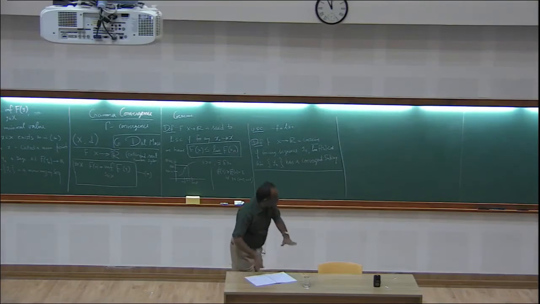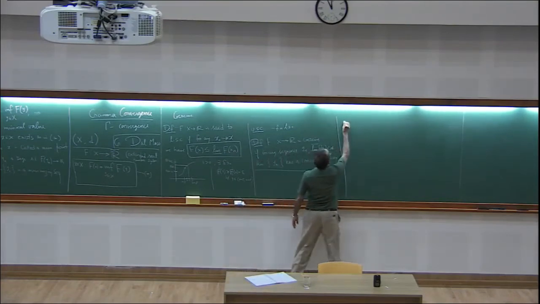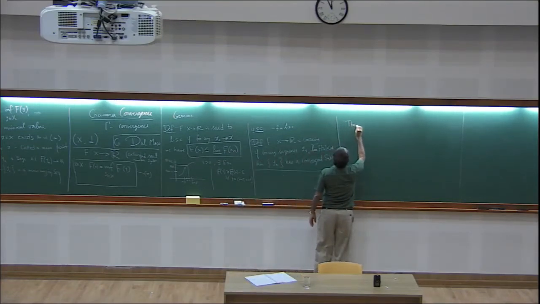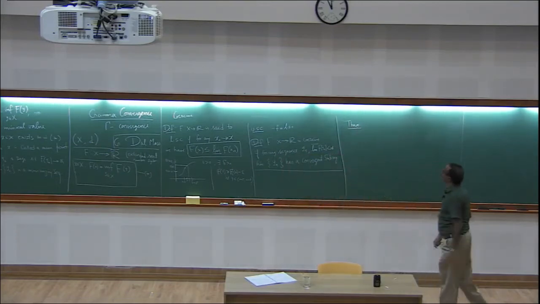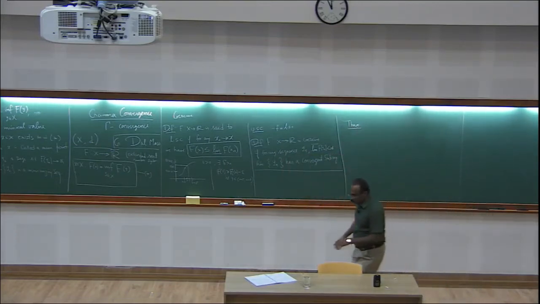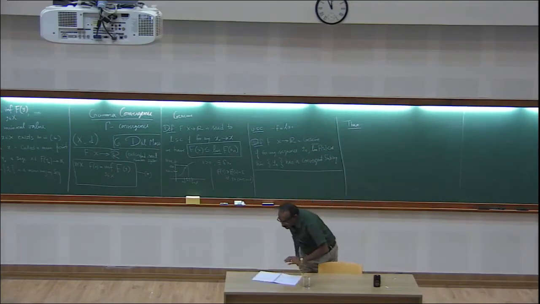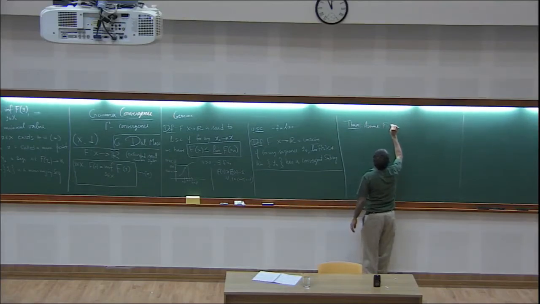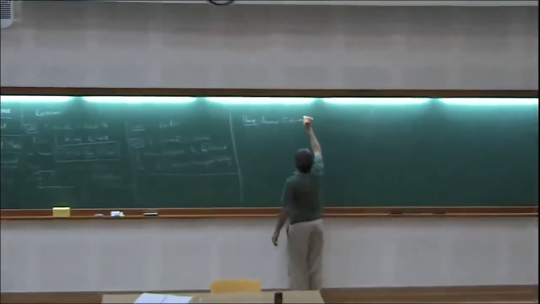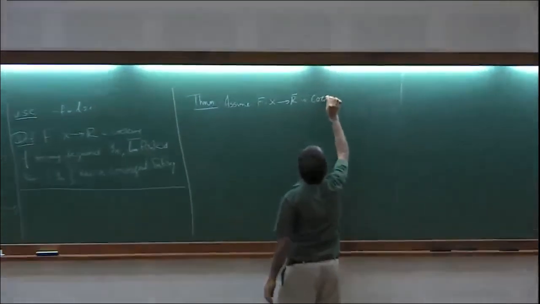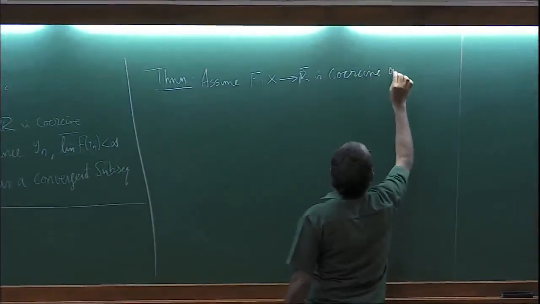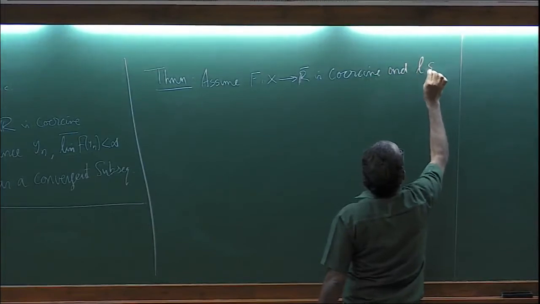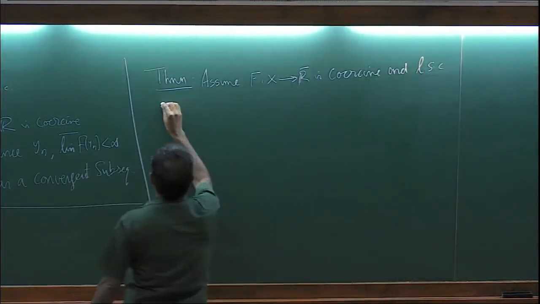With this definition, you have a general abstract theorem. Then we will go to another section. Assume F from X to R bar is coercive and lower semi-continuous. Then whatever we want.